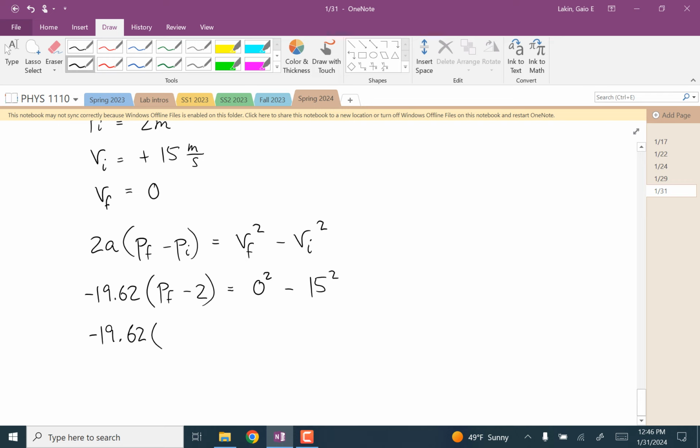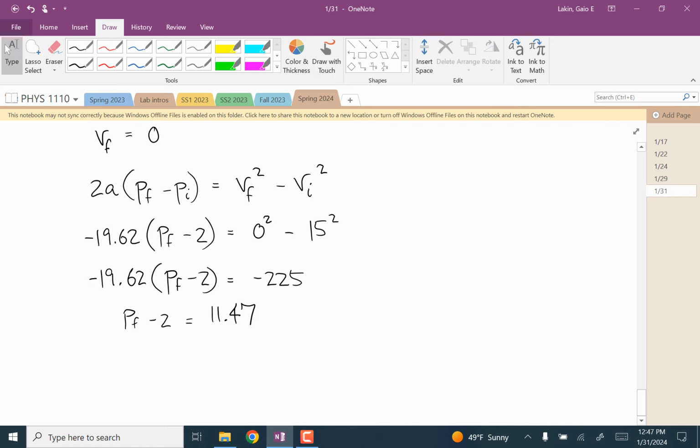So negative 19.62 times the quantity Pf minus 2 is equal to negative 225. Divide both sides by negative 19.62, and you get Pf minus 2 is equal to 11.47. And then add 2 to both sides, and Pf is equal to 13.47 meters. Remember to put units on your final answers.